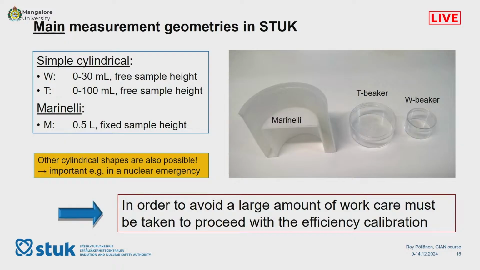So in our case, I have to think very carefully how to do the efficiency calibration. Because we have so many detectors and so many geometries, and I think that we cannot operate like you are operating here.